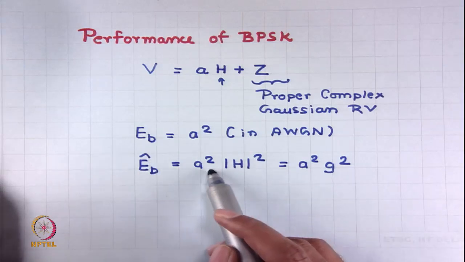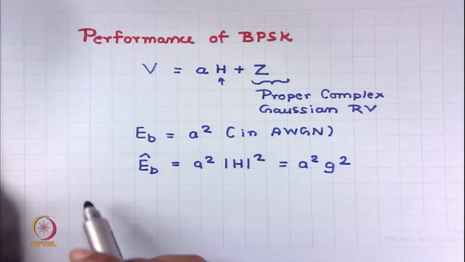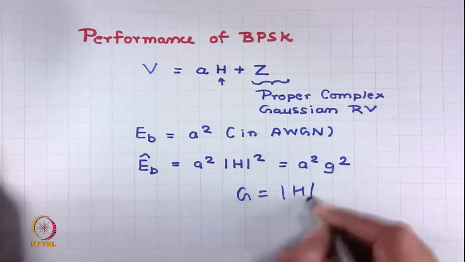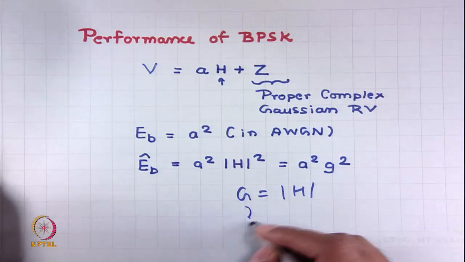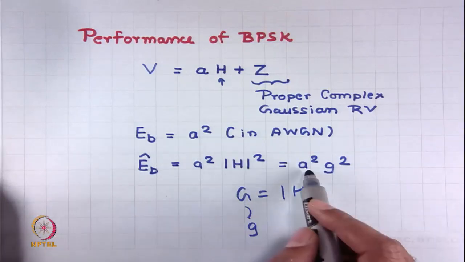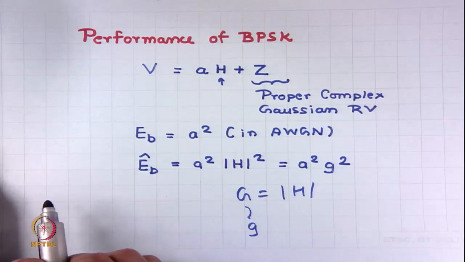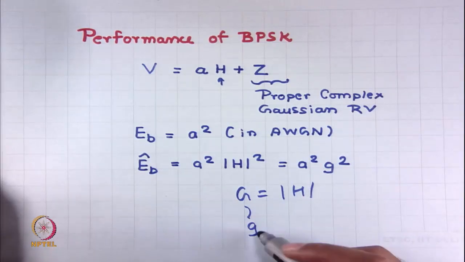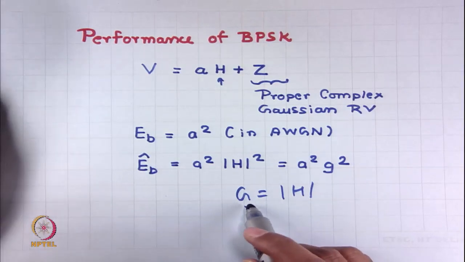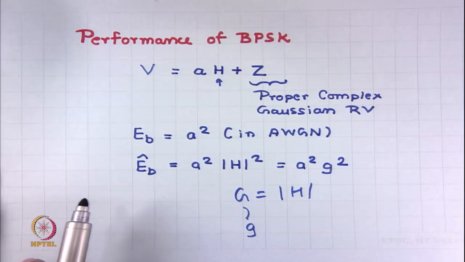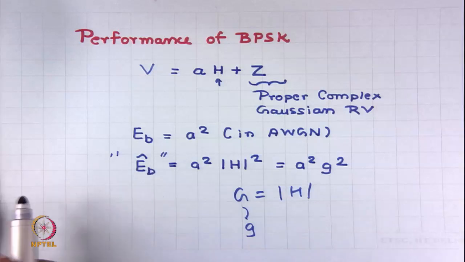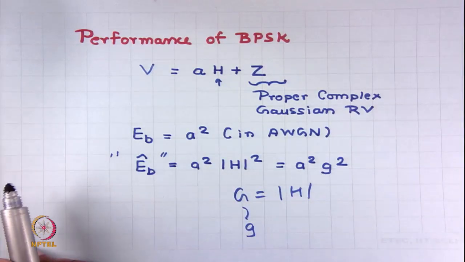It is A square multiplied by mod of H square, and if I call G as mod of H, with the numerical value of G as small g, then energy per bit in fading channels is simply A square times g square, where capital G is simply mod of H. So, what happens in a fading channel is your energy per bit changes by this channel gain.